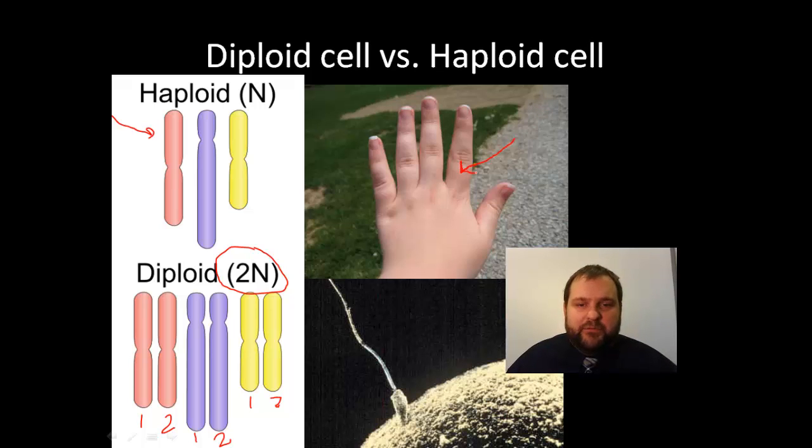For instance, our skin cells are diploid. Our brain cells are diploid. Our muscle cells are diploid. Everything else in our body is 2n, but our sex cells, our gametes, are haploid. They're 1n. So make sure you understand these concepts of homologous pairs, diploid, haploid, and the structure of a chromosome. That's going to be very important to us.